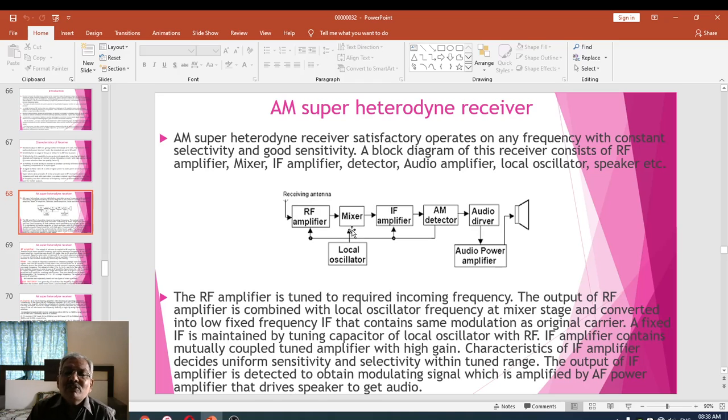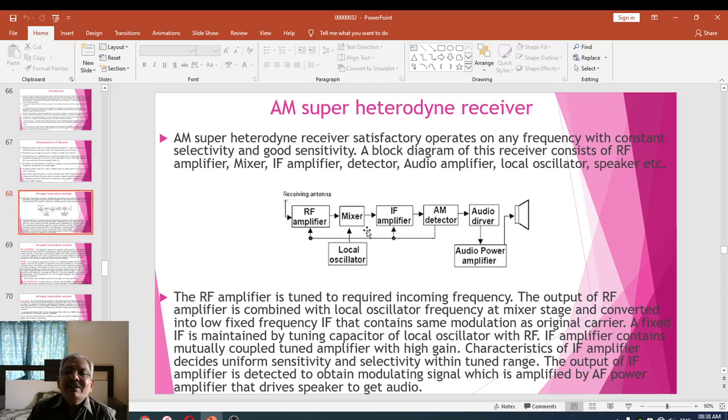The local oscillator frequency is always kept greater than the frequency of the incoming signal. This means one can change the local oscillator frequency depending upon the input frequency received.